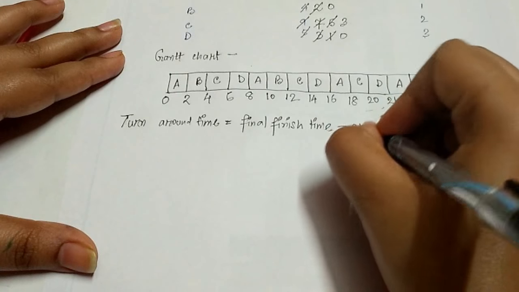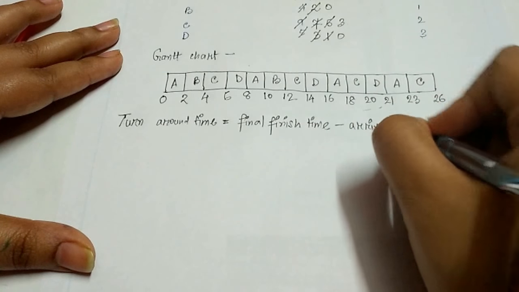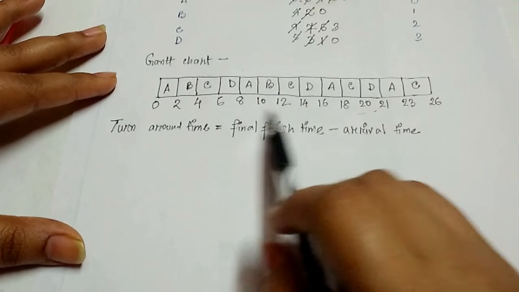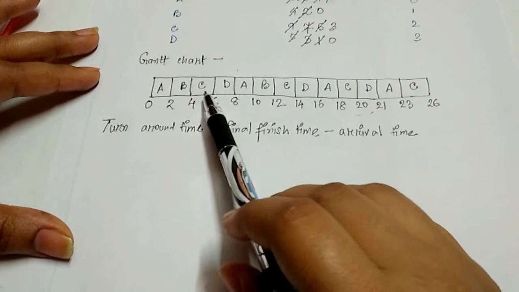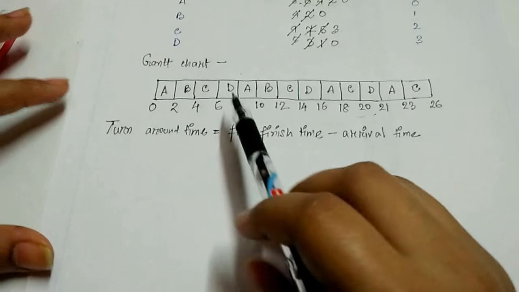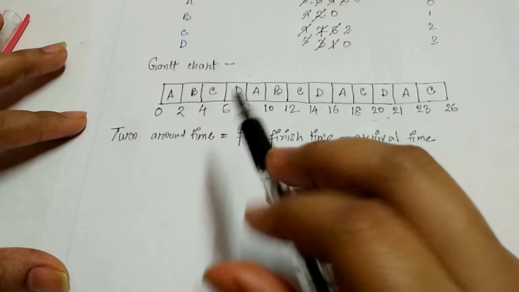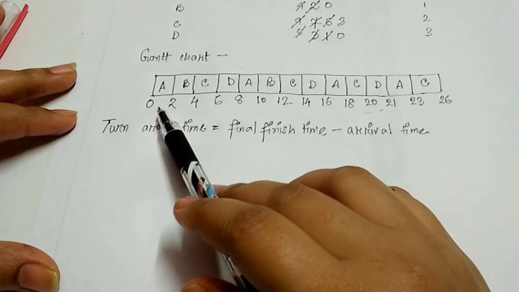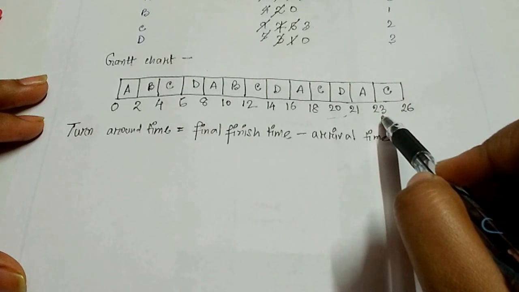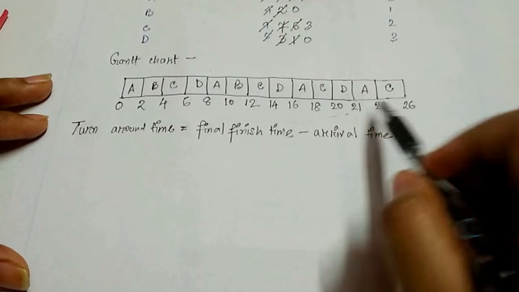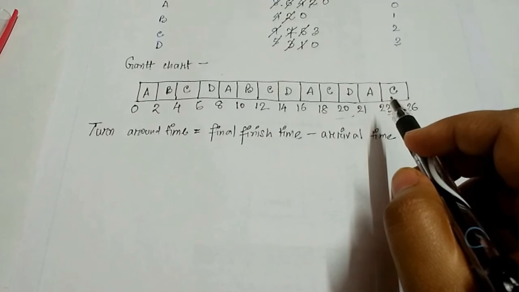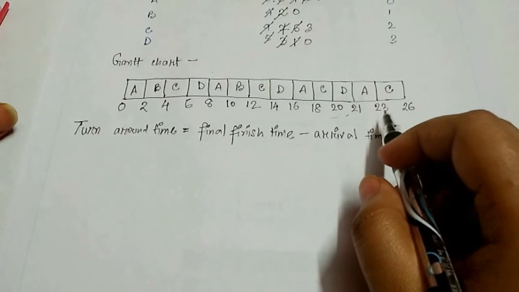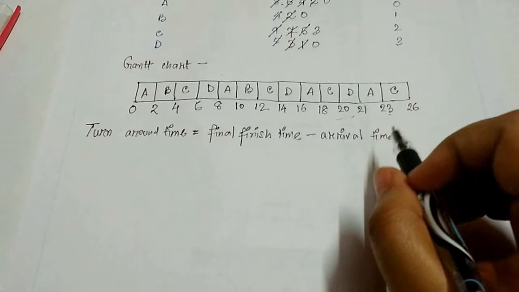Here the processes have accessed the CPU many times, so we should check the last finish time of each process, and this will be their final finish time.